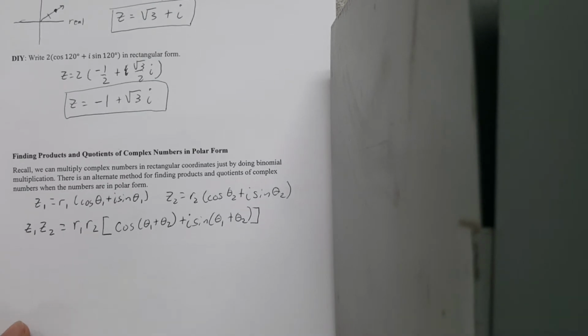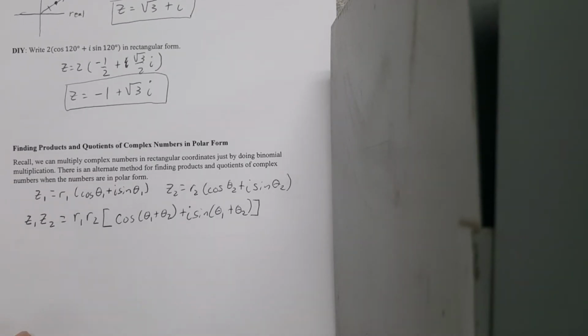Okay, so there it is. z1 z2 is equal to the distances multiplied together, cosine theta 1 plus theta 2 plus I sine theta 1 plus theta 2.